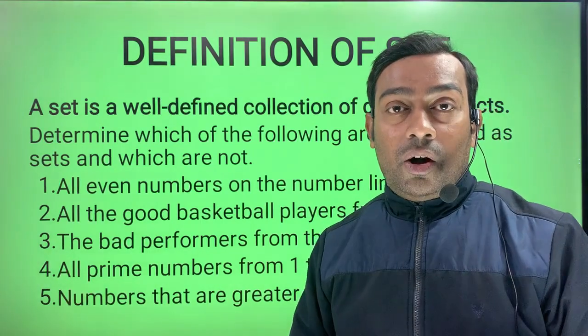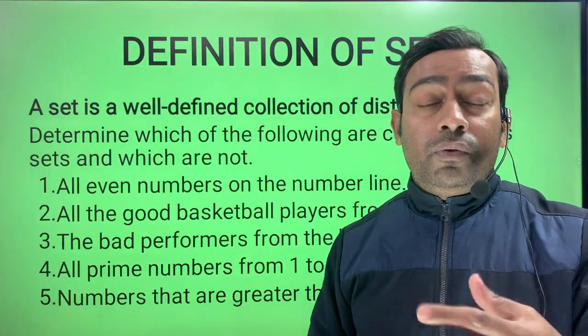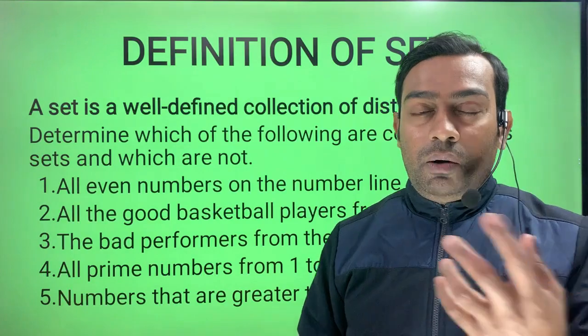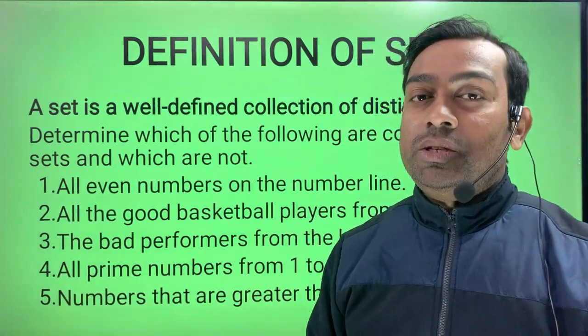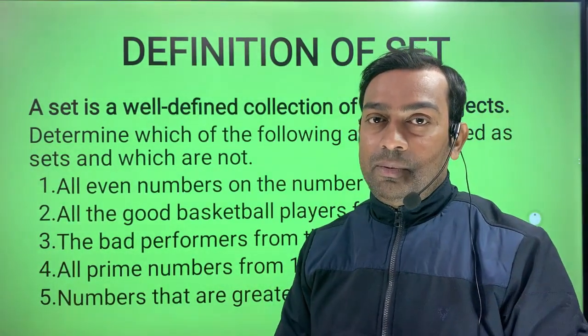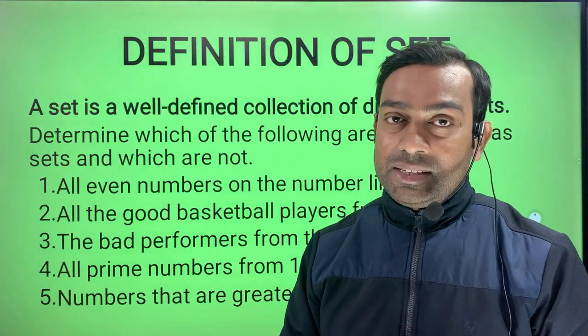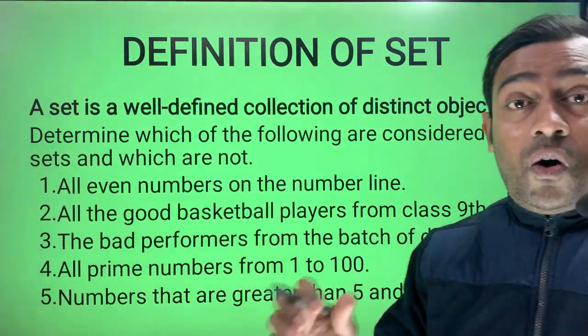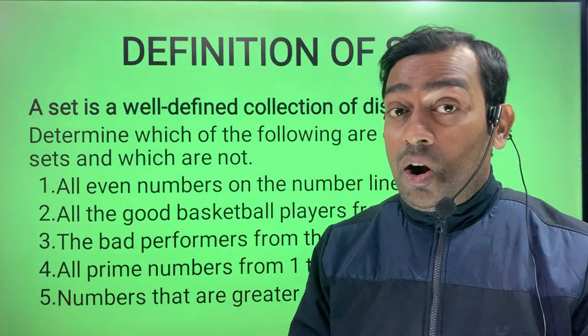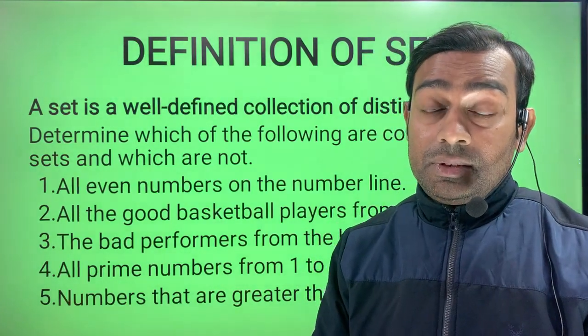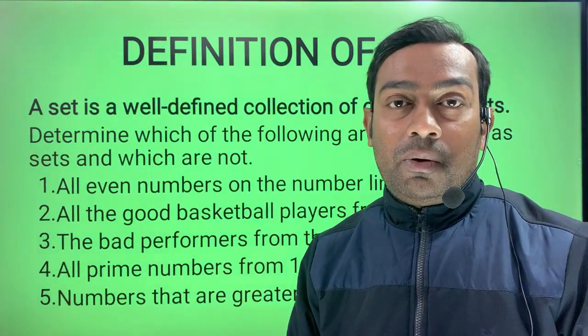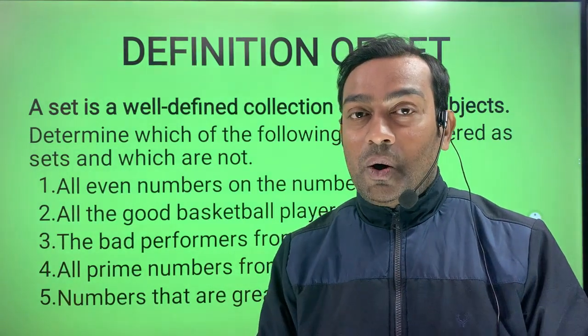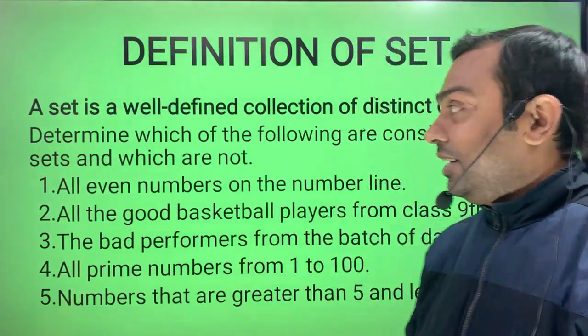Like if I talk about the first 5 natural numbers, what would you say? 1, 2, 3, 4 and 5. Yes, the counting numbers, and they are all distinct. They are not similar to each other. So the collection of this type of numbers is nothing but a set.